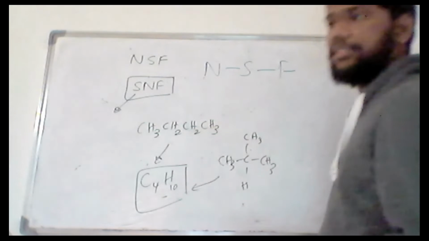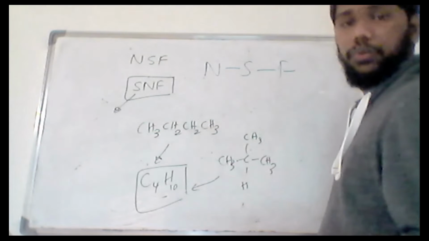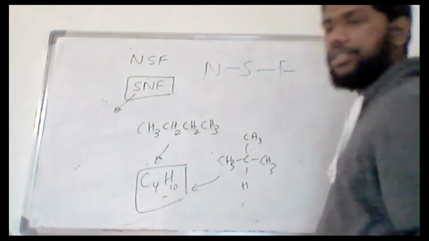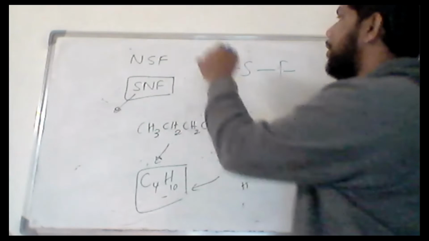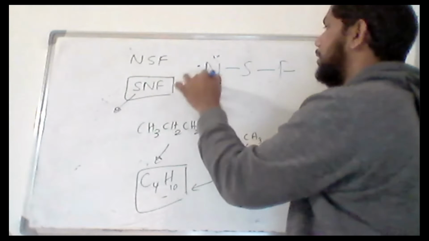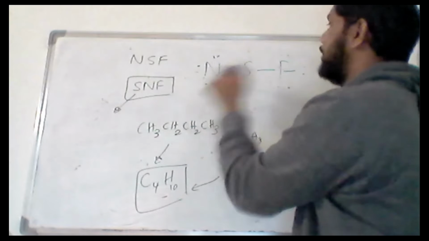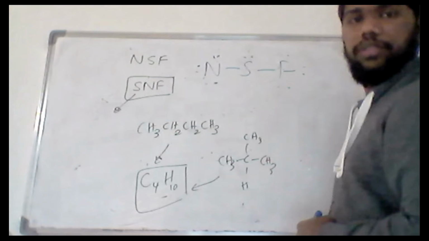So 5 and 6 is 11, and 11 and 7 is 18. Divide 18 by 2, it is 9. There are 2 bonds already occupied, so 9 minus 2 is 7. In principle, you can put 7 electron pairs like this, 3, 6, and I can put the remaining here. I have put 7.